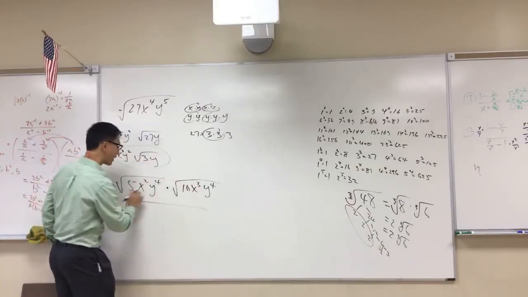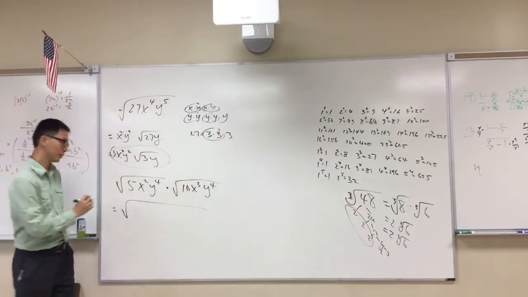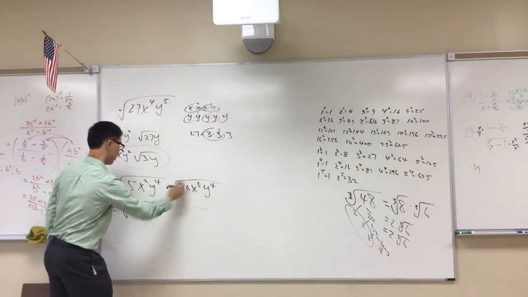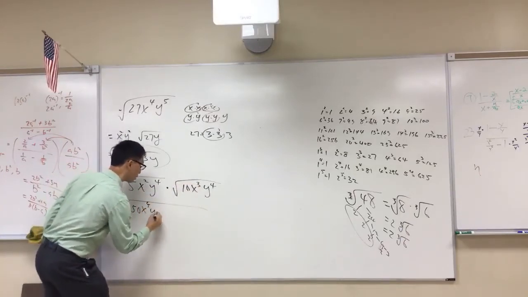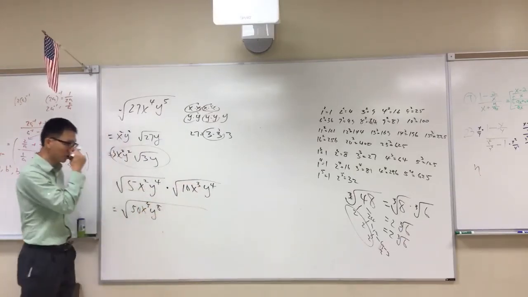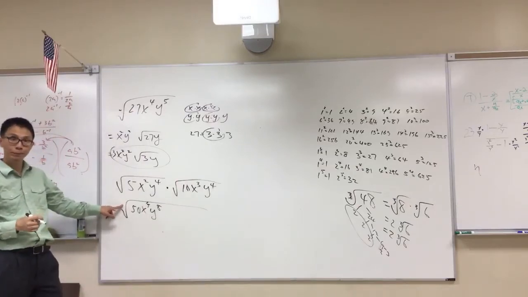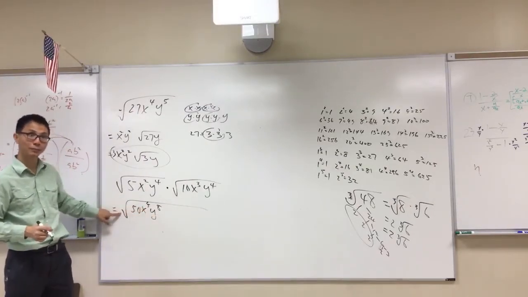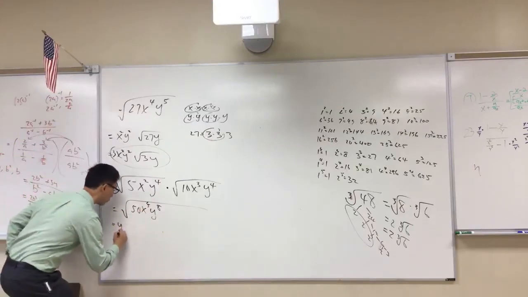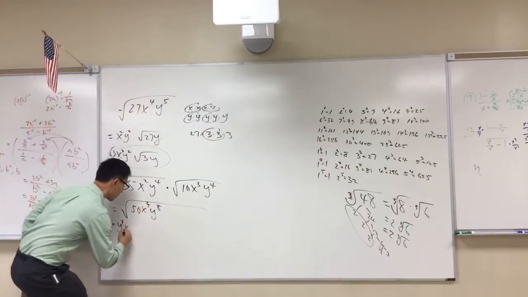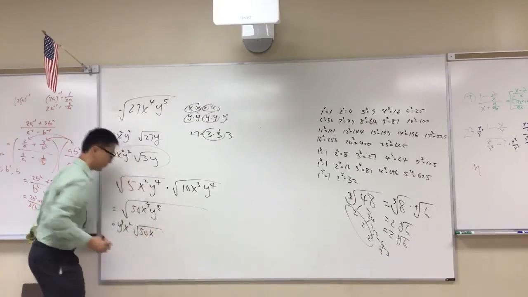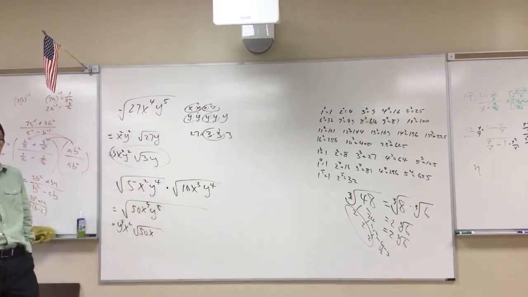So 5 times 10 is what? 50. And then x to the what? Fifth power. And y to the what? A power. So remember, this is 2, right? So now, how many groups of y can come outside? 4. So it'll be y to the 4th power and x to the 2nd power, but this guy has no friend.